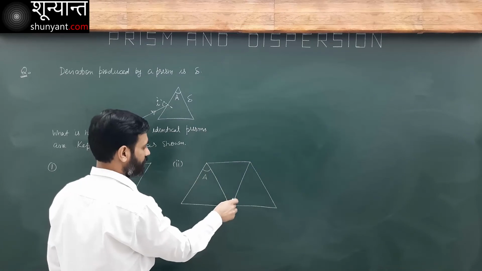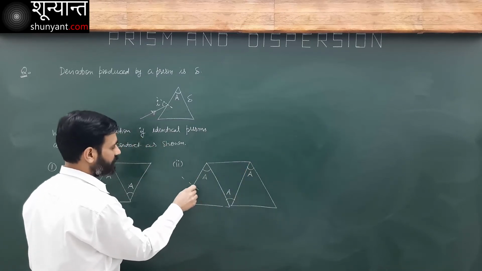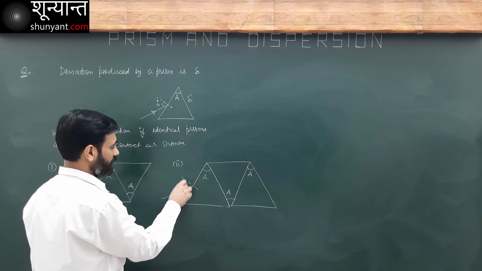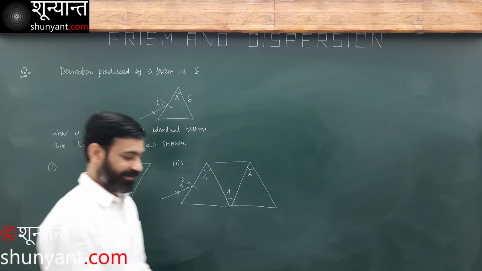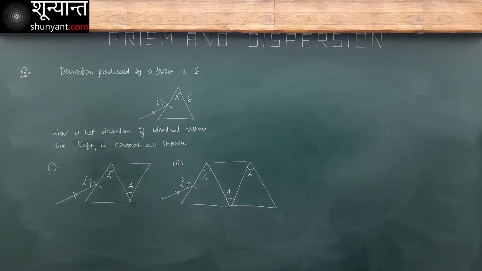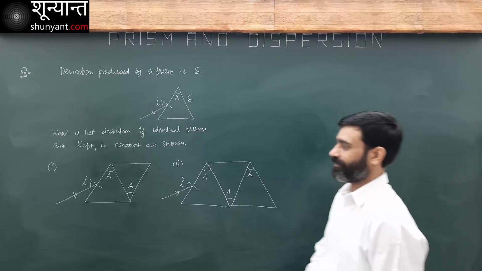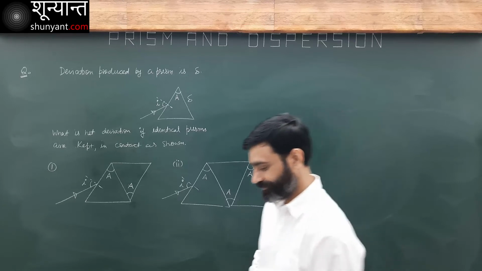This is A, this is A, this also is A. The light is incident in the same manner. This angle is I. What will be deviation here? Can you answer this?